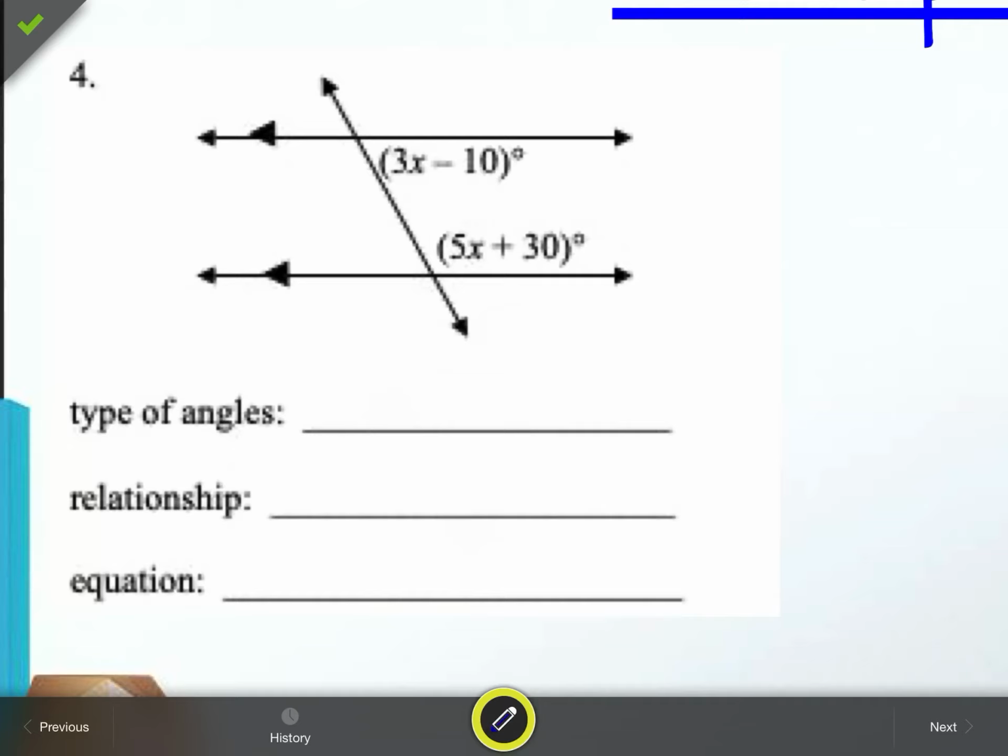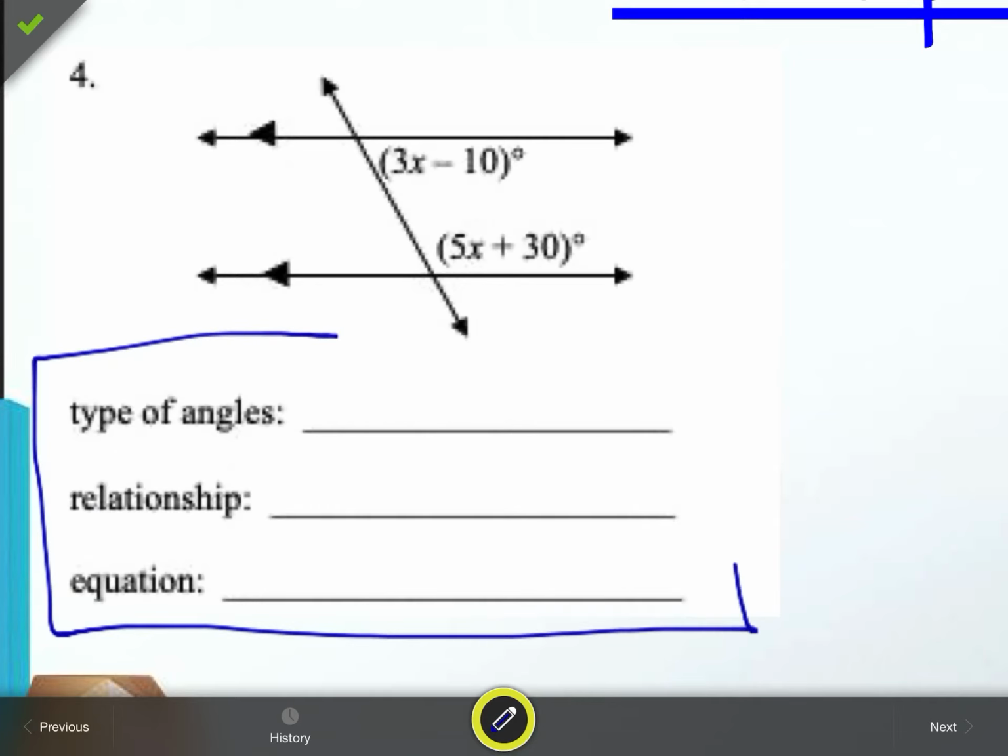So that's why it's important that you make sure you identify what kind of angles they are.